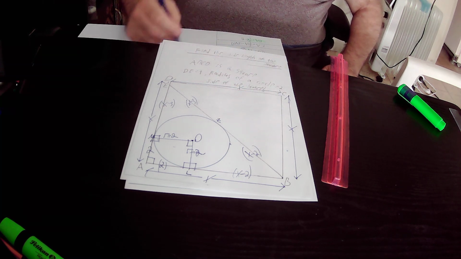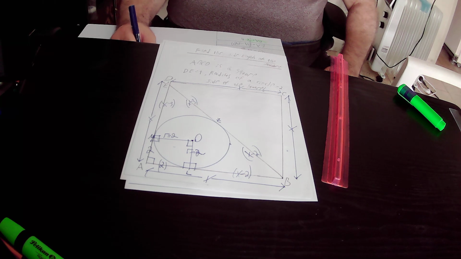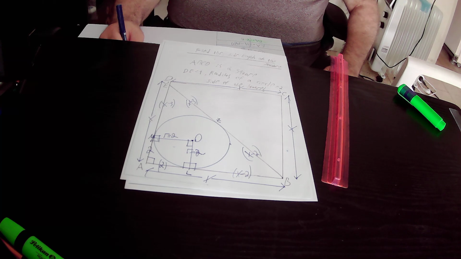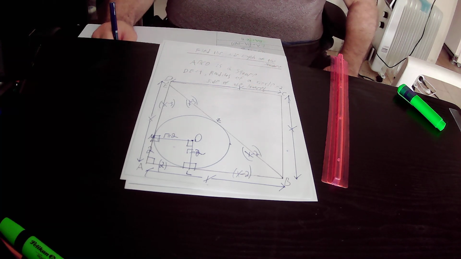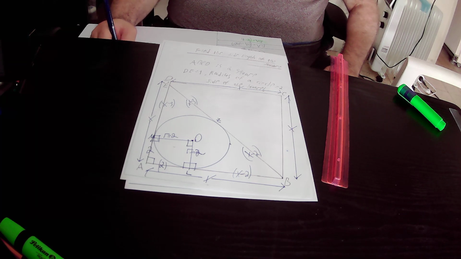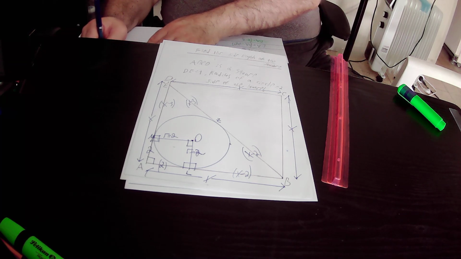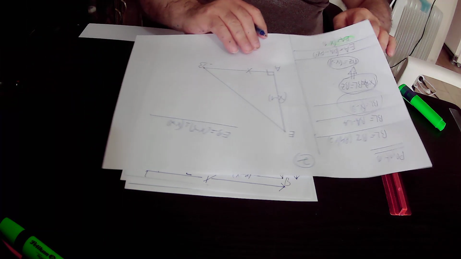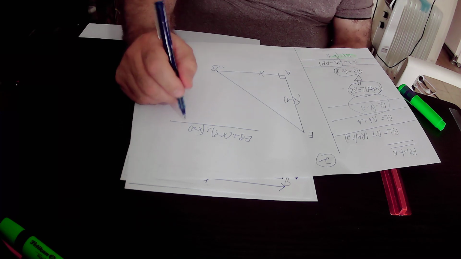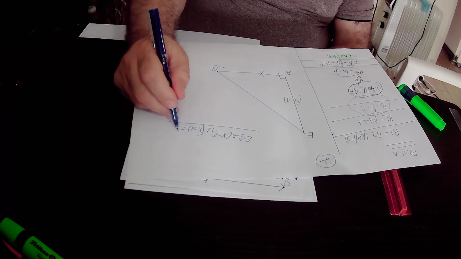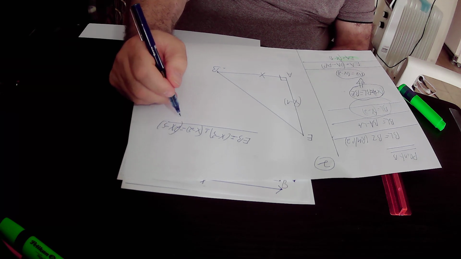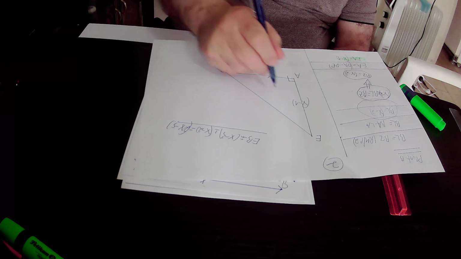The length of the hypotenuse EB is equal to x minus 3 plus x minus 2. So the hypotenuse EB equals x minus 3 plus x minus 2. x plus x is 2x, and minus 3 plus minus 2 is minus 5. So in conclusion, EB equals 2x minus 5.